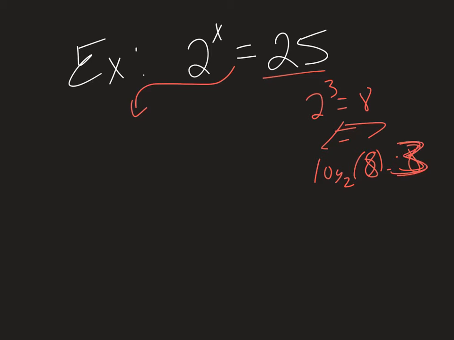So I'm going to rewrite it: log base 2 of 25 is equal to x. Now we can use the change of base formula here. So x is going to equal, I'm going to use natural log, even though you could use common log if you like, the natural log of 25 divided by the natural log of 2.